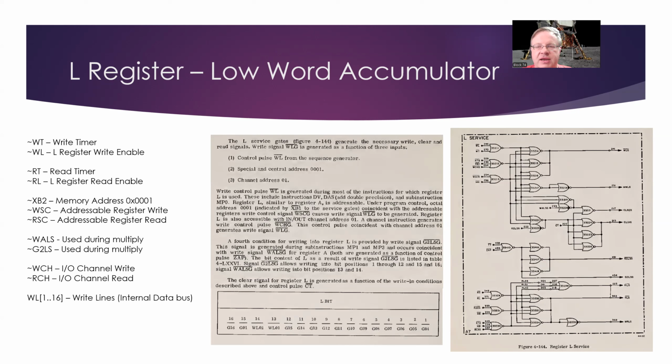And if we need to load data into memory, at least for the rewritable memory, we'll push data into the G register and it'll move from there. The G register we'll cover in a subsequent episode because it is a bit more complicated in what it does and how it can be used to transfer data to and from not only the write lines but also in some cases to various registers directly.